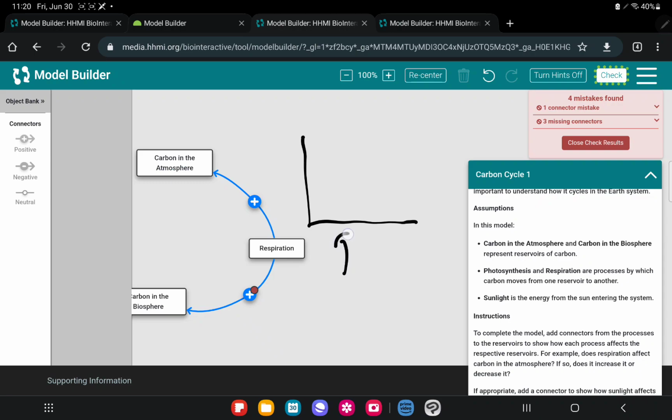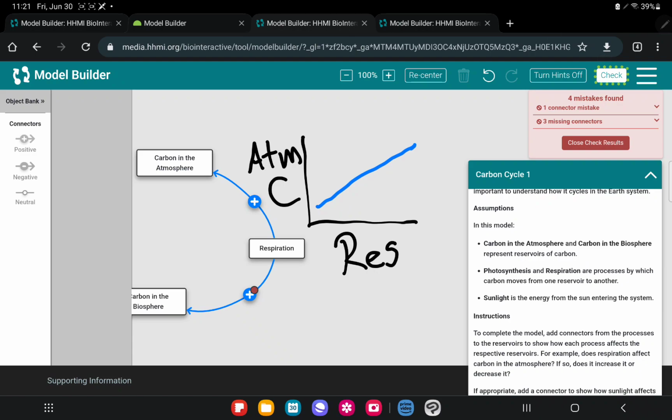So if we have respiration on our x-axis, and atmospheric carbon on our y-axis, respiration causes that. And how does it cause it? It is increasing it. So think of it as having a positive slope.